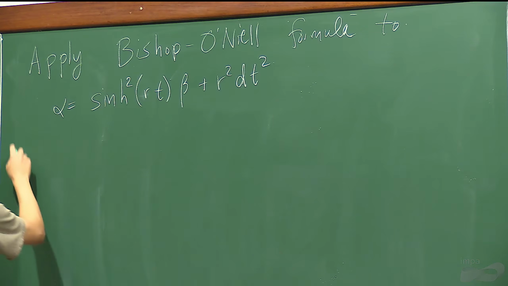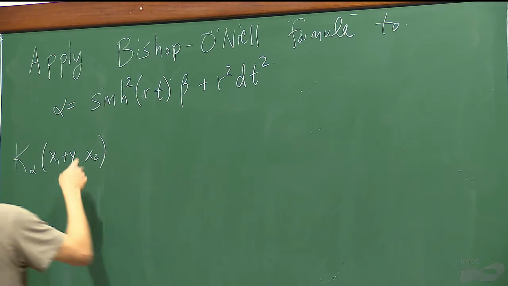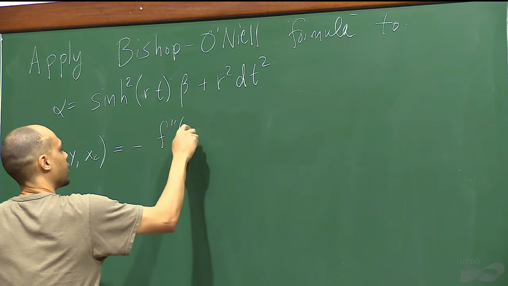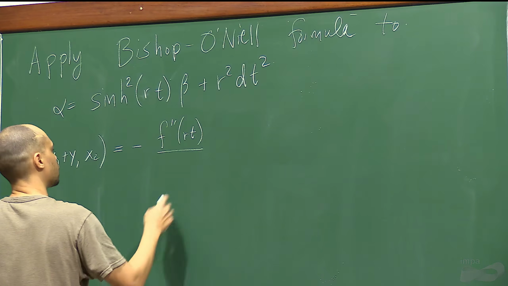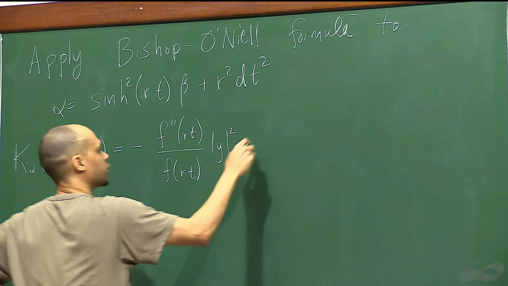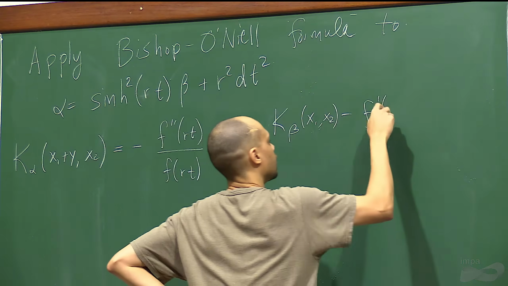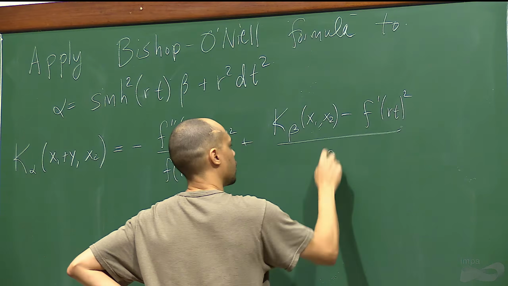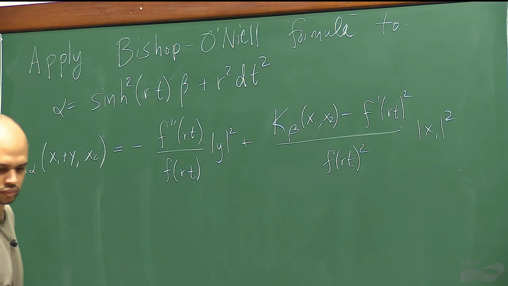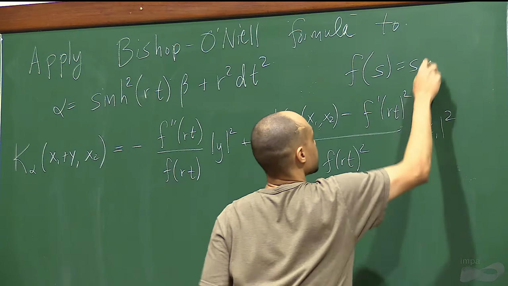So let me remind you how that looks. It's the curvature of a two-plane spanned by these vectors, given by this formula, where here f is the function f of s is sinh s.